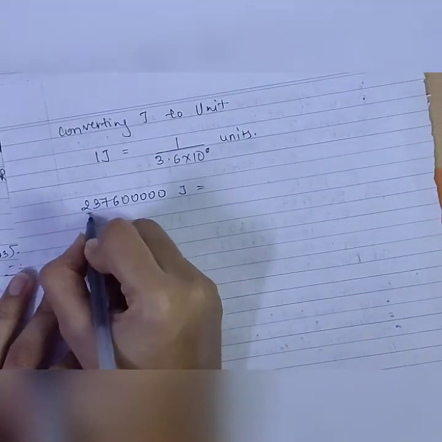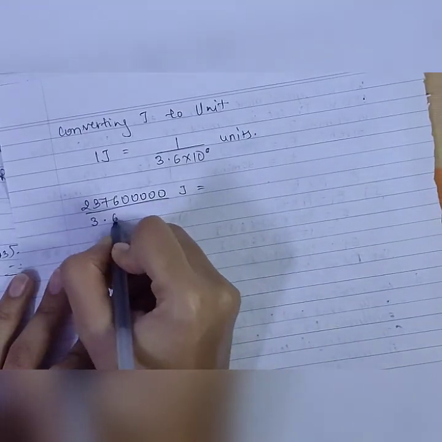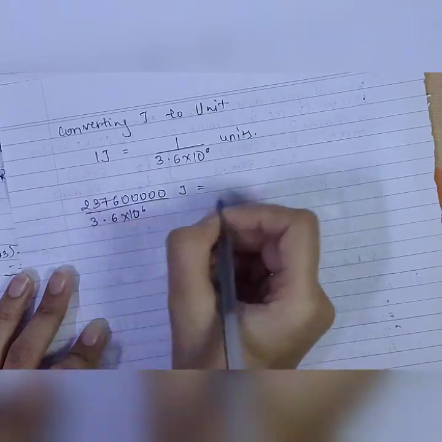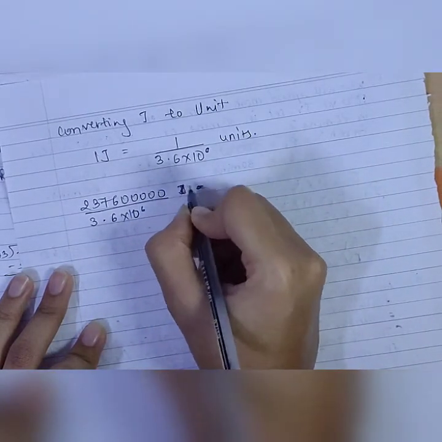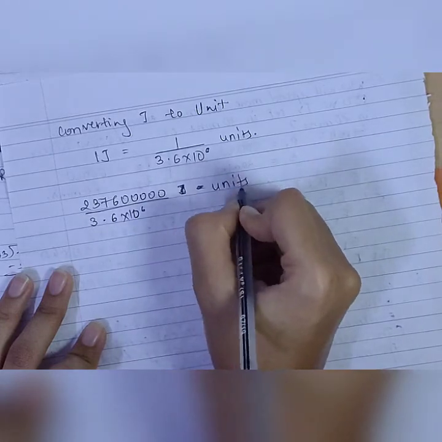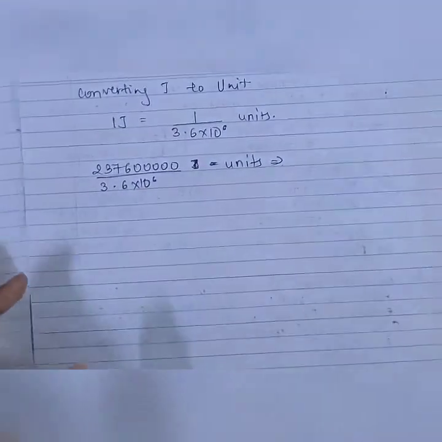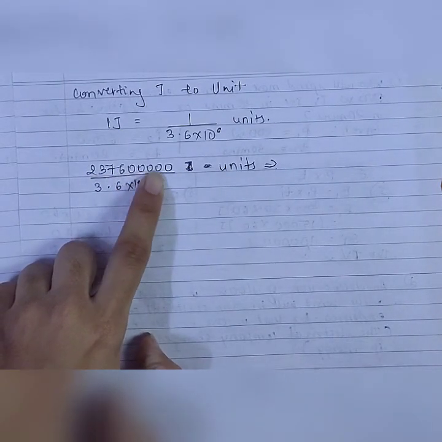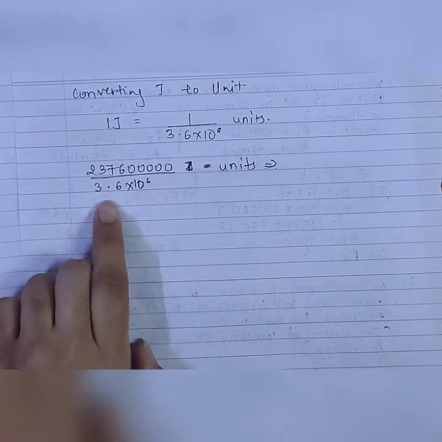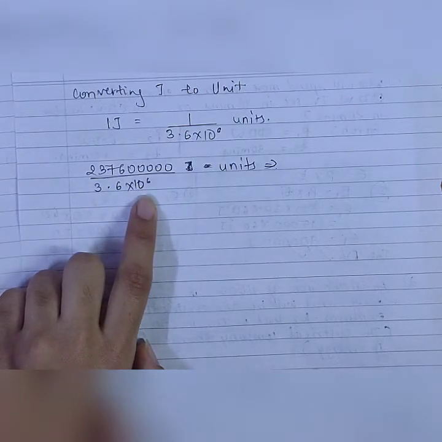So how will I convert this? Upon 3.6 into 10 raised to 6. And this will not remain joules anymore, it will become units. Okay. So 2376 and 5 zeros upon 3.6 into 10 raised to 6.